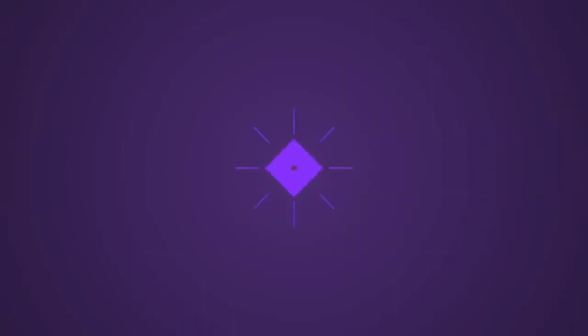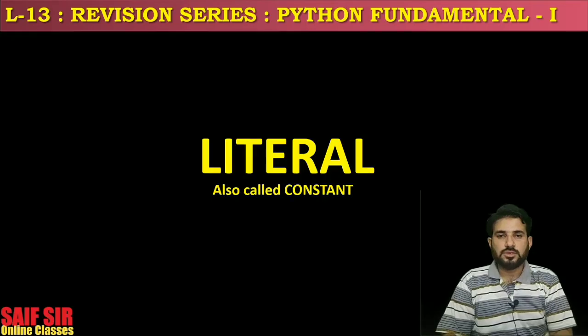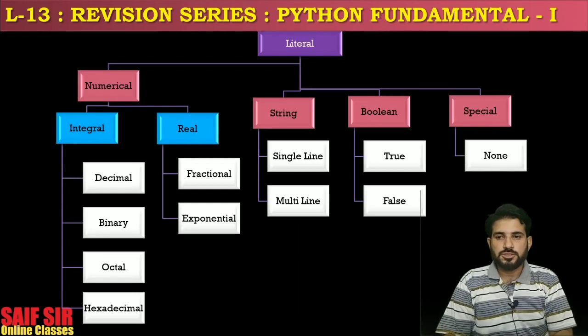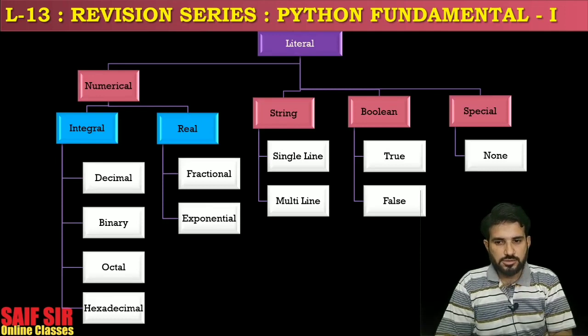So without making any delay, let's start. Literal is a constant and it is of various types like numerical, string, boolean, special literal, none. Numerical is divided into two parts, integer and floating point literal, which are called real literals.